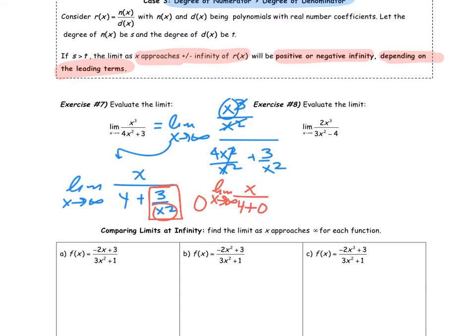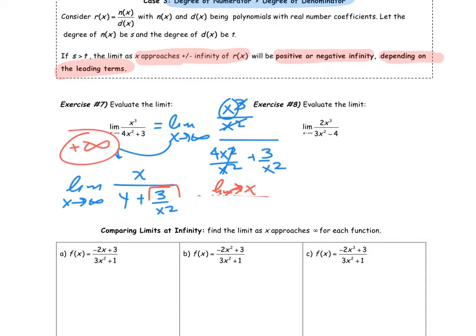Well, infinity divided by 4 is still going to be infinity, so this is tending towards positive infinity. All right, again, I'll say that. If I were to plug in x here to be infinity, infinity over 4 is still infinity. Like a huge number divided by 4 is still going to be a huge number. So we're going towards positive infinity.